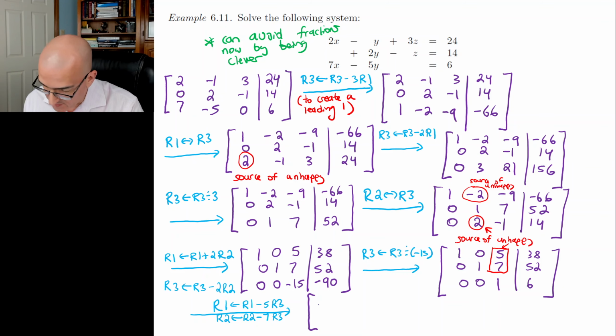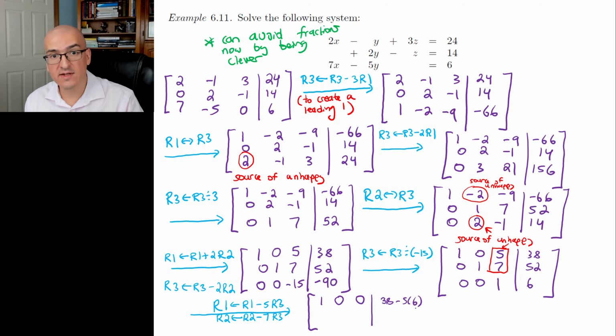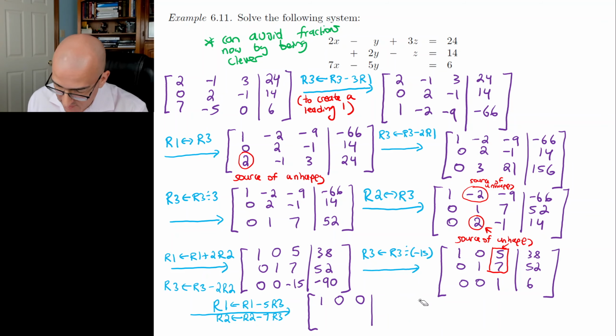So row 1 becomes 1 minus 5 times 0, 0 minus 5 times 0, 5 minus 5 times 0, which is 0, and then 38 minus 5 times 6, so 38 minus 30, which is 8. A nice small number.